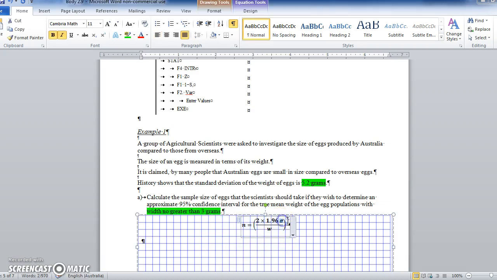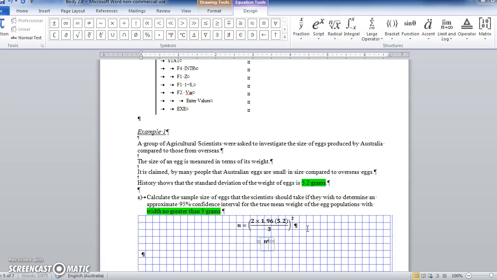Okay, so I'm just going to substitute the values. So 5.2 there, and our width is 3 grams. And then it's a simple matter of using your calculator to find that that is equal to 42.68.